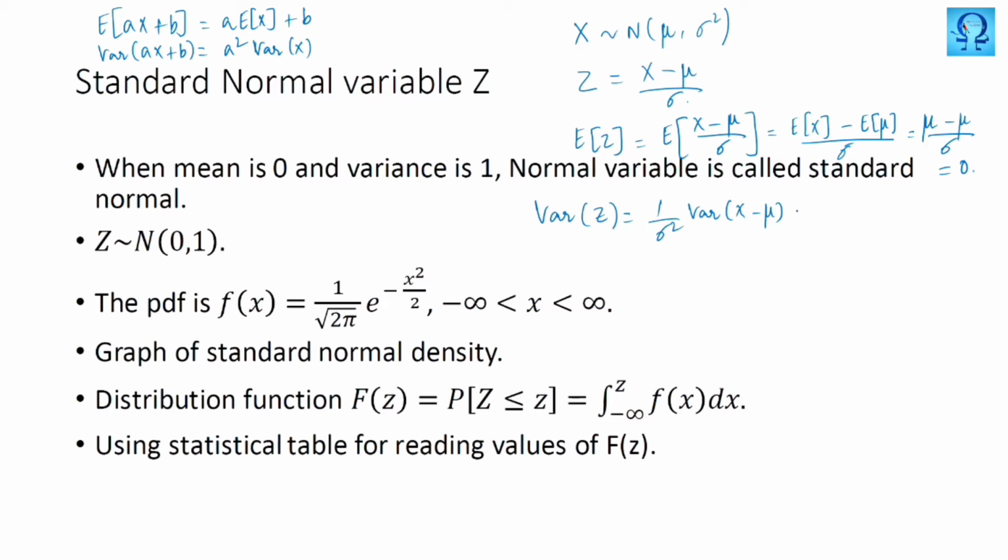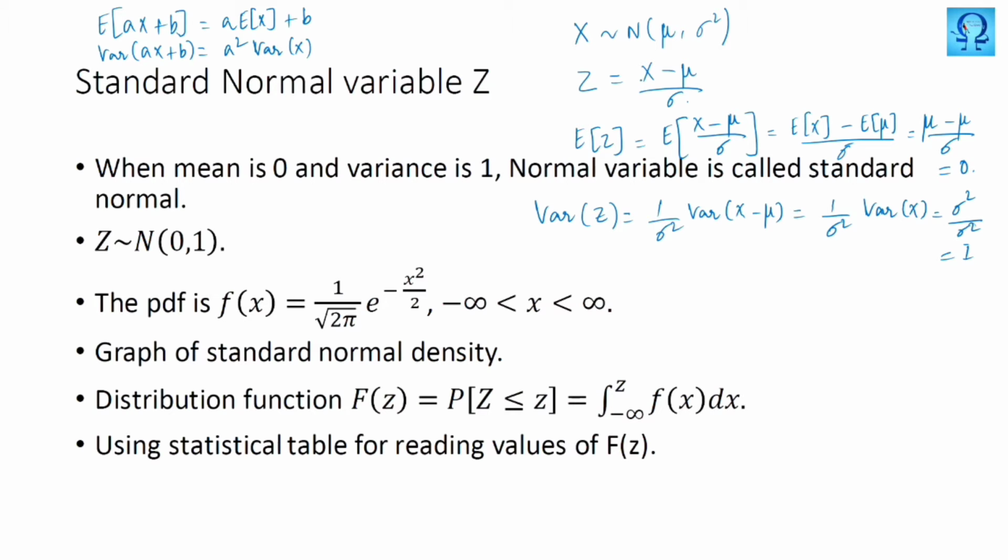For a constant, it doesn't matter. So it is 1 upon sigma square times the variance of x itself, which is nothing but sigma square. So this is the proof that this substitution, z equals x minus mu upon sigma, is actually converting your normal variate into a standard normal variate.